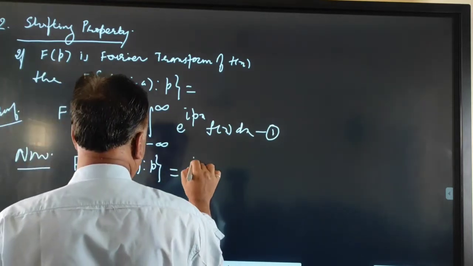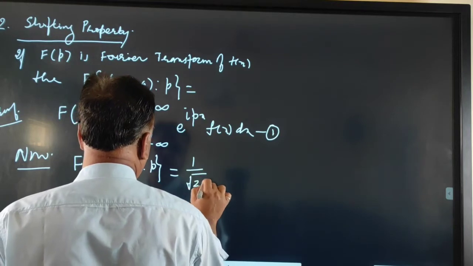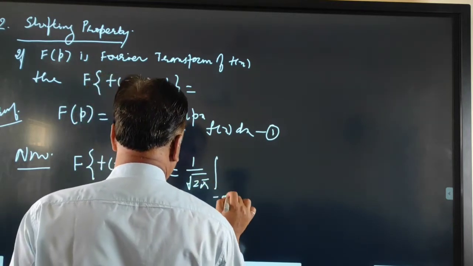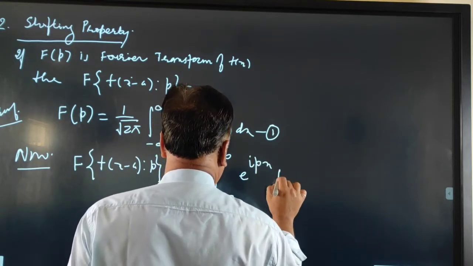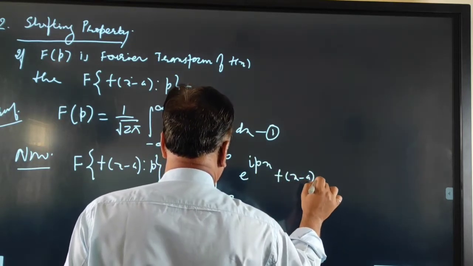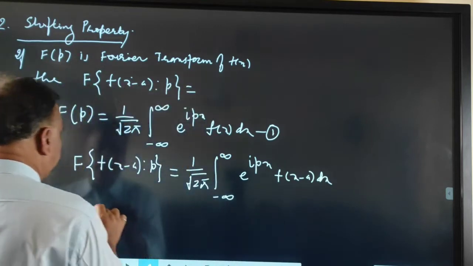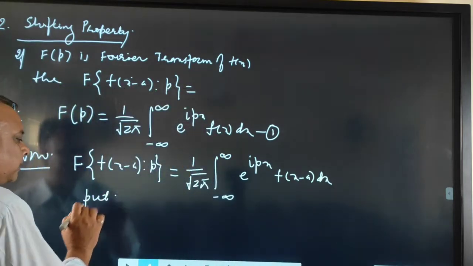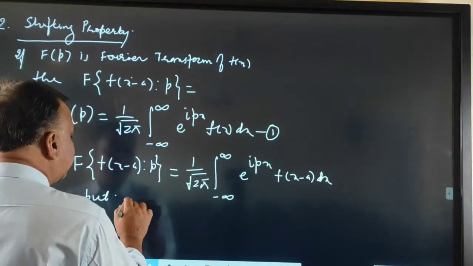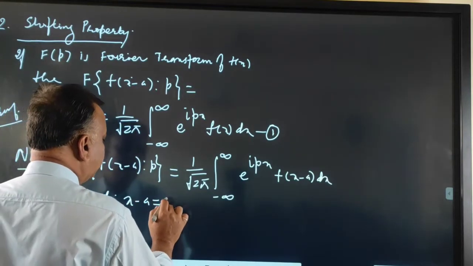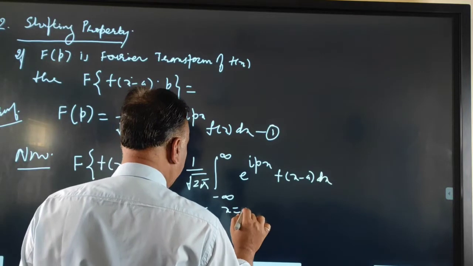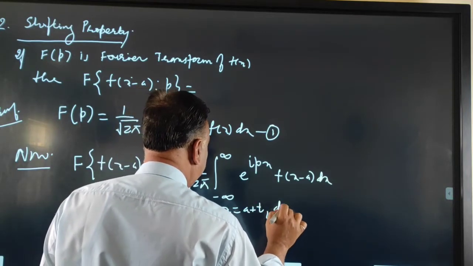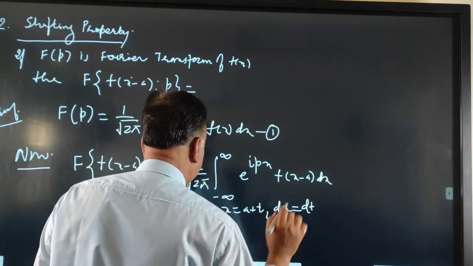By definition, this is equal to 1 upon root 2 pi integral from minus infinity to infinity e raised to iota px f(x minus a) dx. Now if we put x minus a equal to t, then x is equal to a plus t and dx is equal to dt.